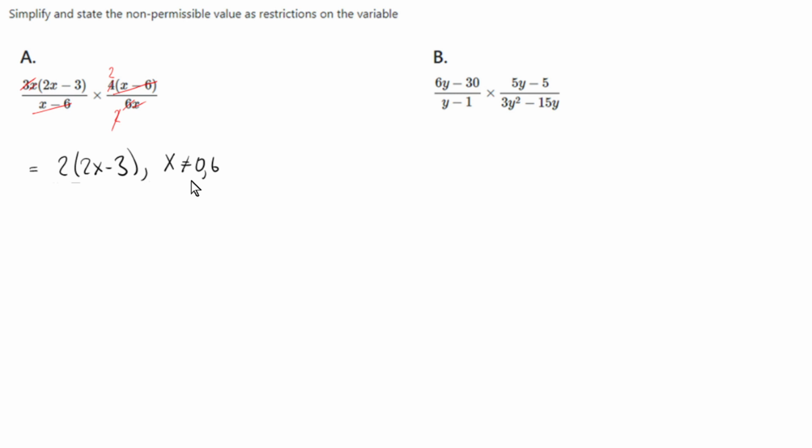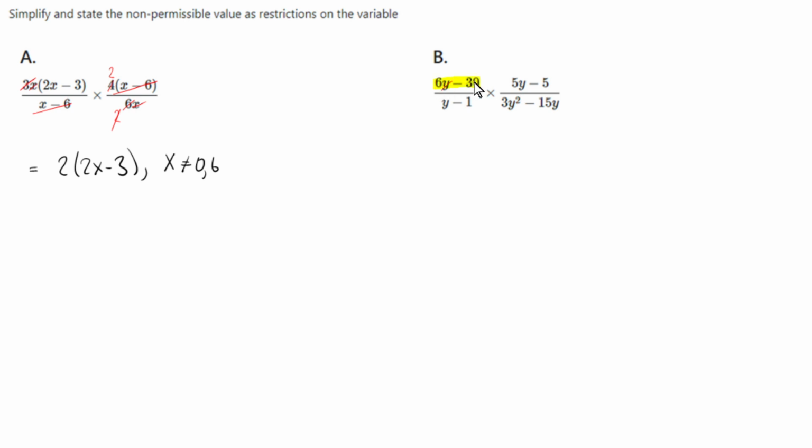Okay, in B, we're going to see if we can reduce anything, but at this point we cannot. Be careful here that you do not try to cancel or reduce this y against one of the y's down here. You cannot simplify or reduce within polynomials.